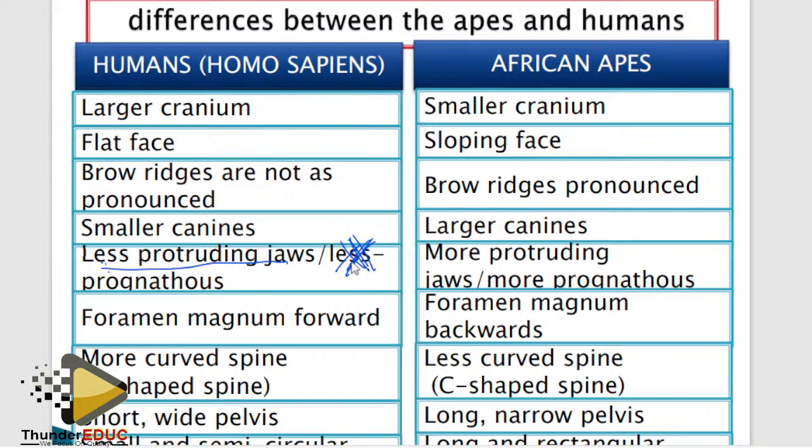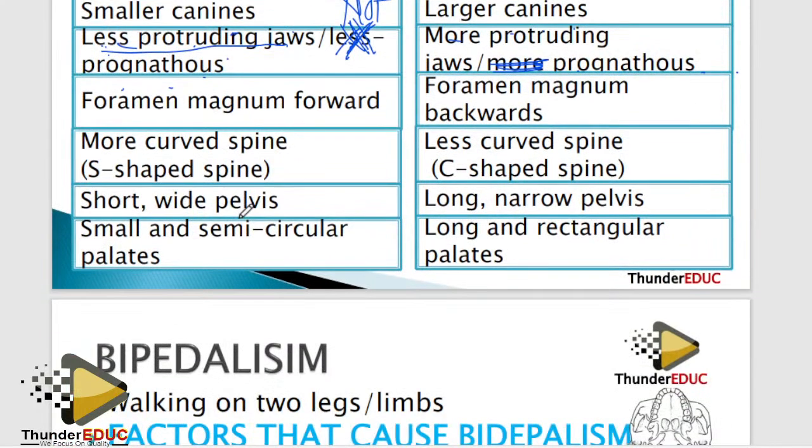We say not prognathus for the case of human, and here you say prognathus. You can say less protruding jaws, and more protruding jaws is also correct, but don't say less prognathus. Foramen magnum in backward position is shape of the spine.